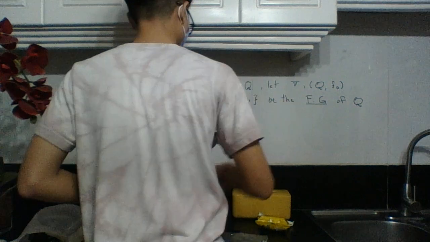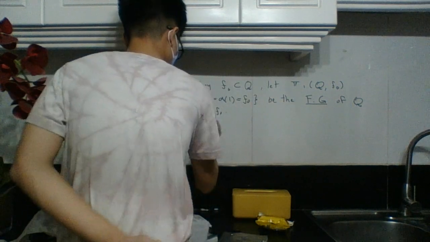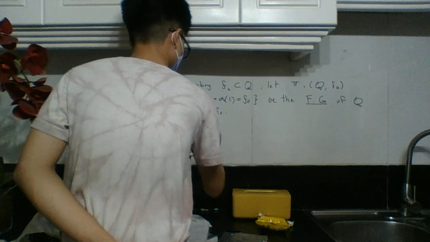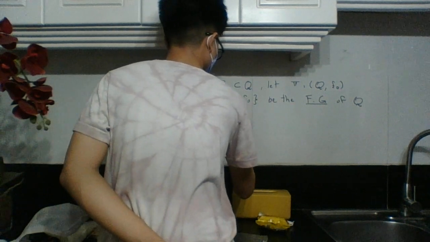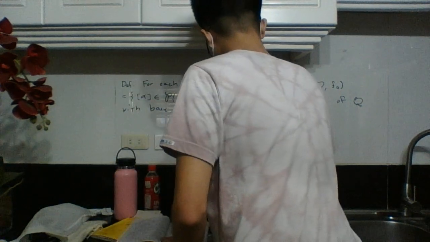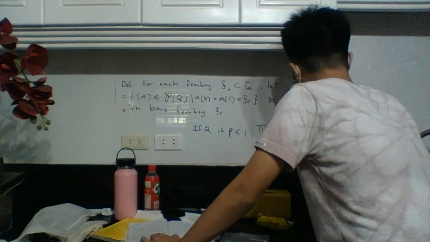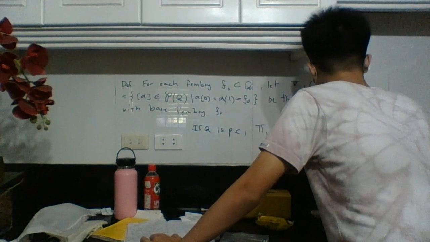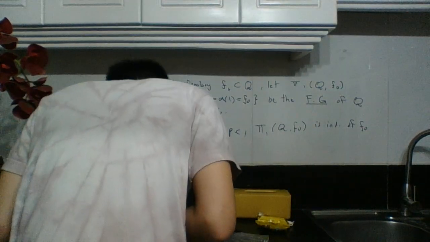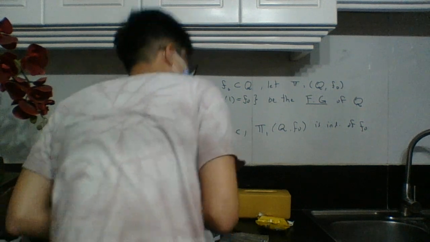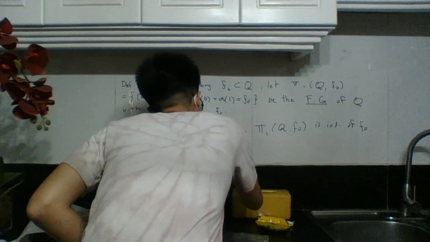If that's the case, if Q is path connected, the fundamental group of Q at base point 0 is independent of that base point, up to an isomorphism.